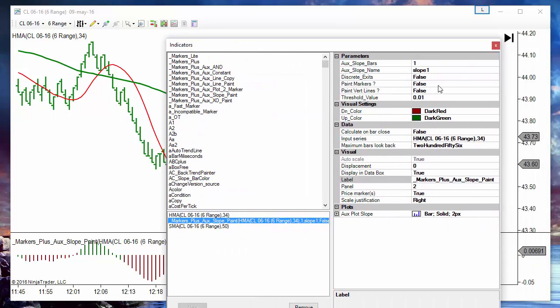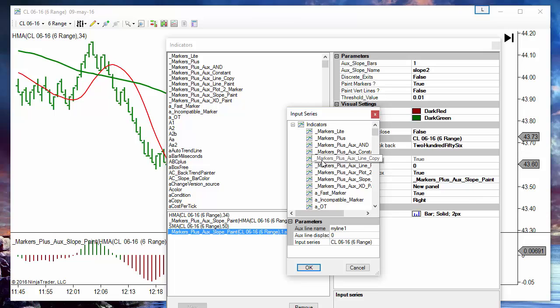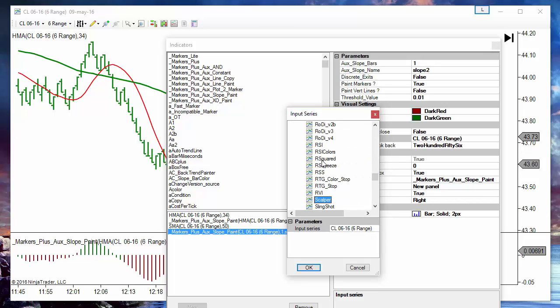And now we can use the slope indicator. We are assigning the variable slope 1 to the slope of the HMA. Now we do the same, assigning the slope 2 variable to the SMA 50.